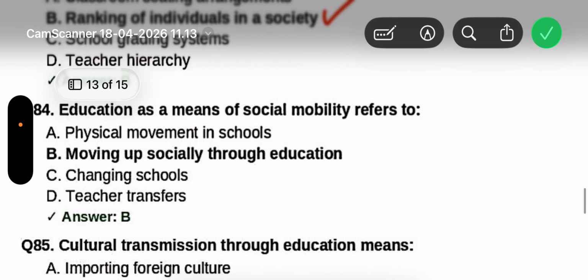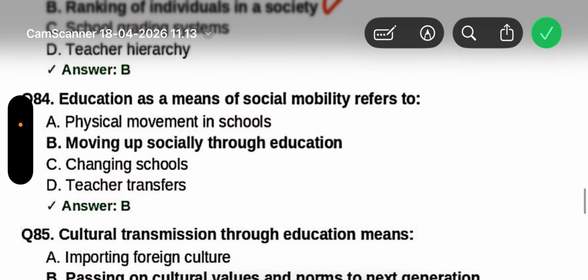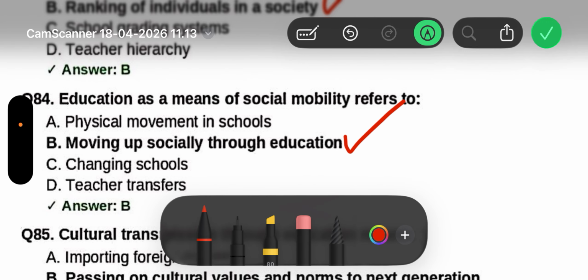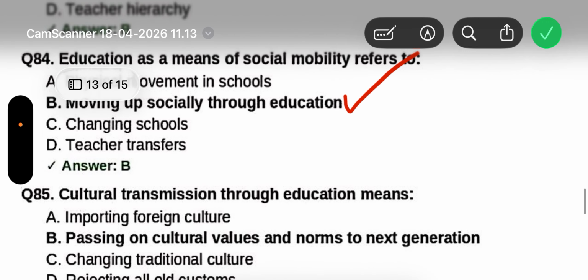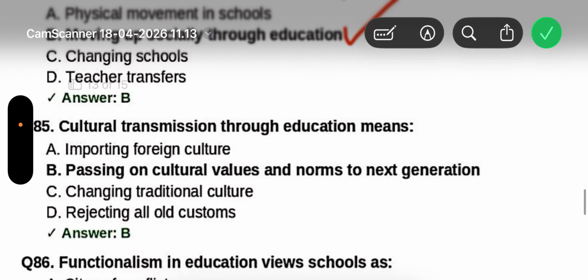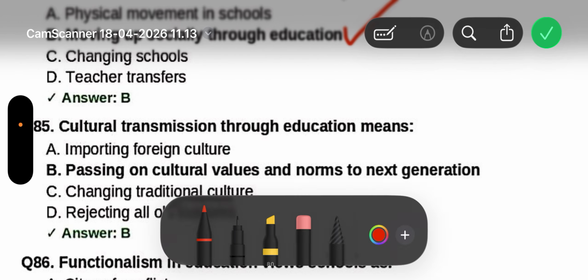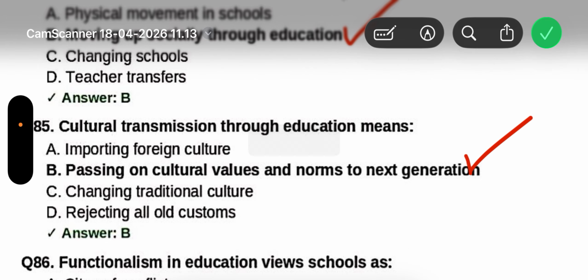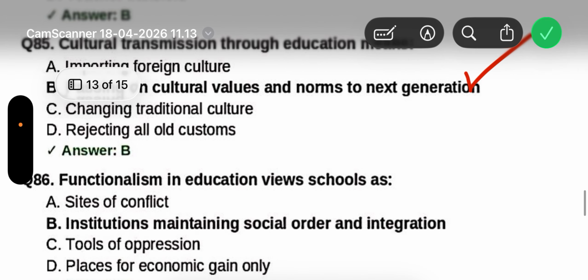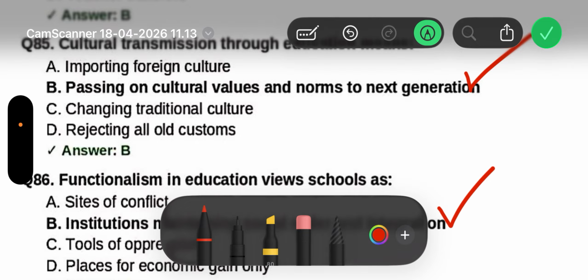Question number 84. Education as a means of social mobility refers to moving up socially through education. Question number 85. Cultural transmission through education means passing on cultural values and norms to the next generation through education. Question number 86. Functionalism in education views schools as institutions maintaining social order and integration.